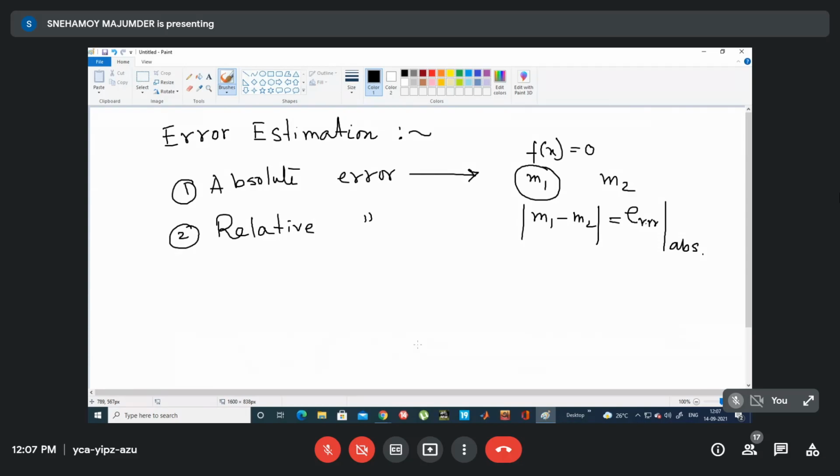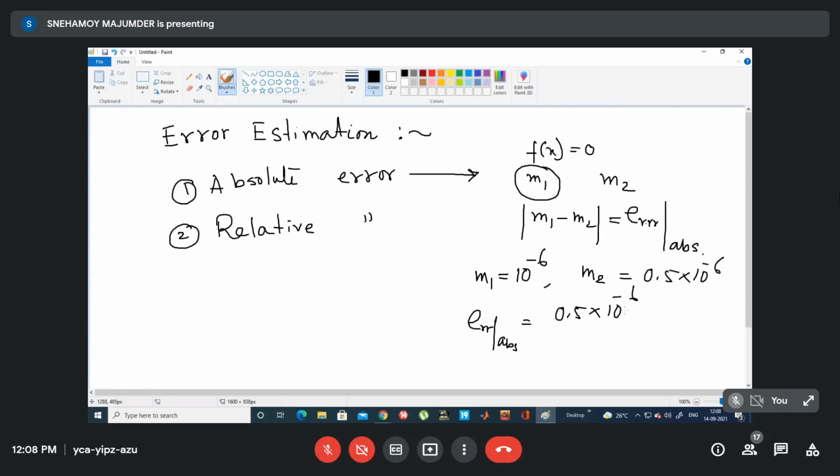For example, say M1 is my correct value, 10 to the power minus 6. M2 is 0.5 into 10 to the power minus 6. So my absolute error is basically 0.5 into 10 to the power minus 6.